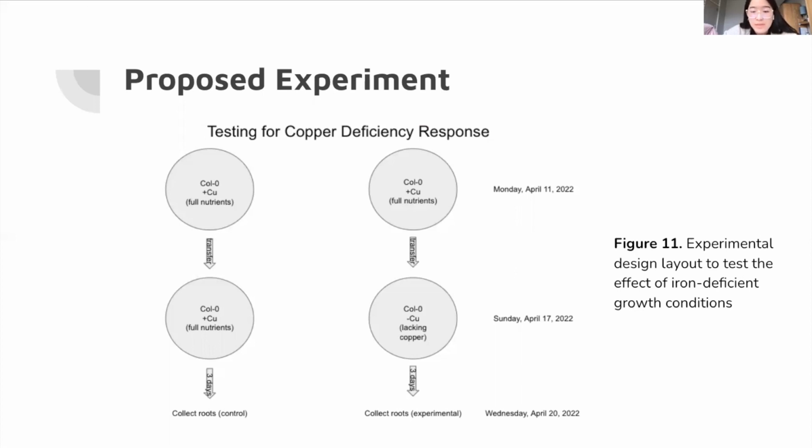Because there is not a lot of publicly available data that examines the effect of copper-deficient growth conditions, we thought this would be a worthwhile experiment to conduct, especially since we hypothesized that our gene could be a copper chaperone. For our experiment, we transferred pre-grown plants into a normal medium that contained all the necessary nutrients for growth and a copper-deficient medium. After letting the plants grow in these two mediums for 3 days, we collected the roots and ran qPCR reactions on them.